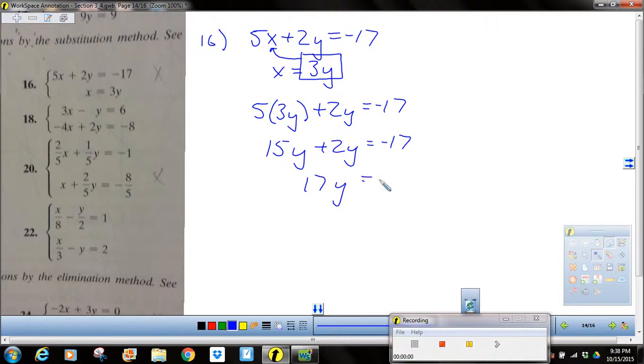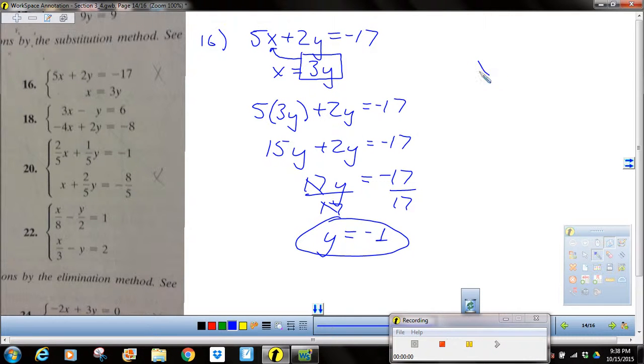17y is equal to -17. Divide by 17, and it looks like y is going to be -1. Now that I know what y is, back up here where I had the box drawn, the box is also handy to help me know where to go back to. I can plug -1 in for y.